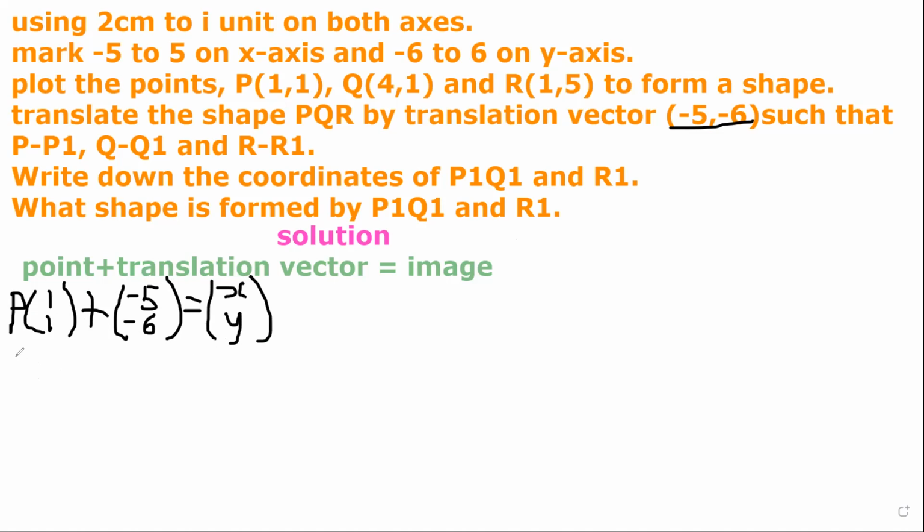So the first equation will be 1 plus -5, you put it in a bracket, equal to X. And then the other equation is 1 plus -6, you put -6 in the bracket, equal to Y, okay? You are solving them simultaneously.